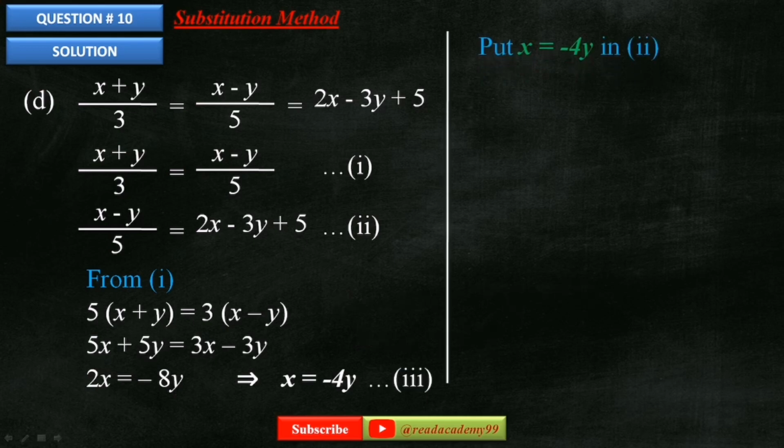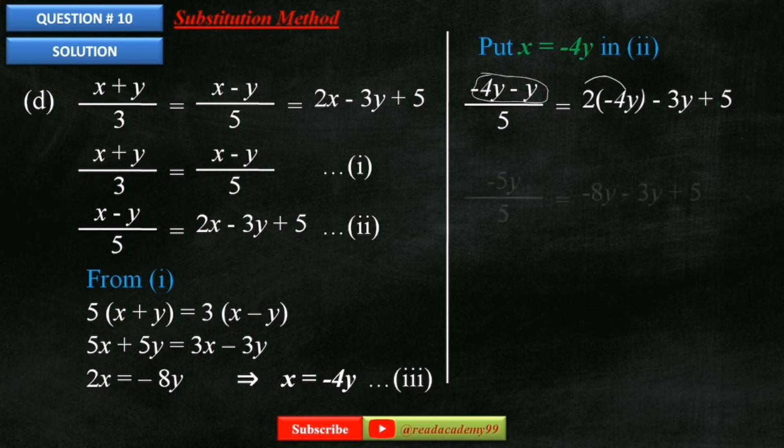Now put this value of x equals minus 4y in the second equation. So the second equation becomes (minus 4y minus y) over 5 equals 2 times minus 4y minus 3y plus 5. Now simplify this equation, add the like terms here, and multiply these two terms.